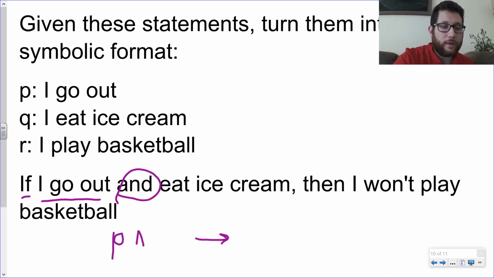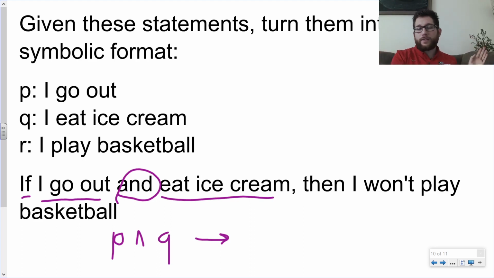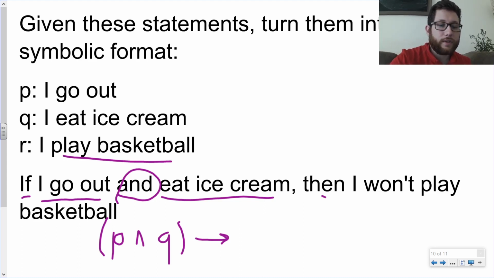Whoops, I don't actually need to put an A. I just need, there we go. I eat ice cream. P and Q. Now notice all of that is on the left side of the if, and it's kind of including all of that. So what I'm going to do is I'm actually going to put some parentheses here just to say P and Q are going together. They're inside the if statement together. Then, okay, so we have our arrow. I won't play basketball. So play basketball is R, so this is not R.